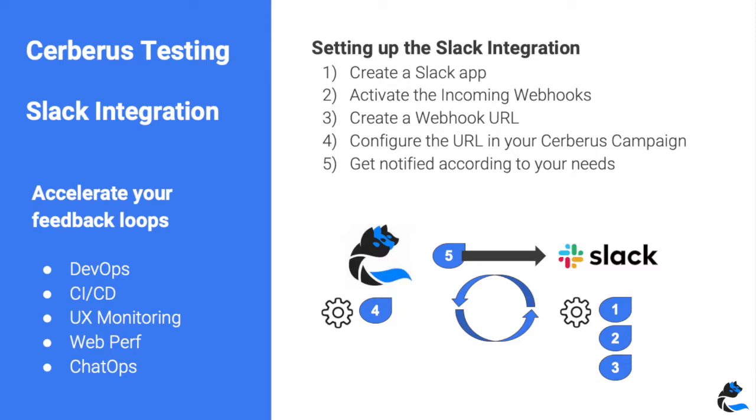And lately, you can also combine it with ChatOps inside Slack to take automated action and remediation based on the specific alerts Cerberus can send. So in this video, we'll share how to integrate Cerberus with Slack.